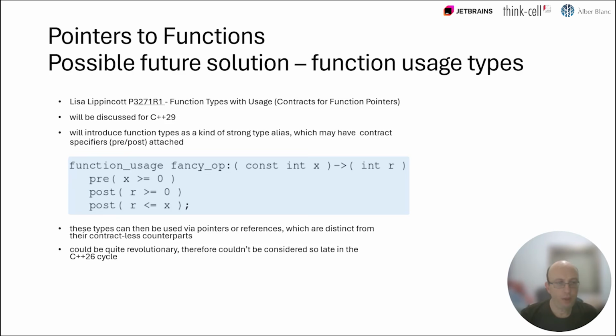Another very interesting path forward, albeit only for C++29 at the earliest, is coming from Lisa Lippincott, who is one of the main contributors to C++ contracts and to the C++ standards committee in general. She proposes introducing so-called function usage types, which would not be freely interchangeable with normal function pointers, and they would be able to be enriched with additional information such as contracts.